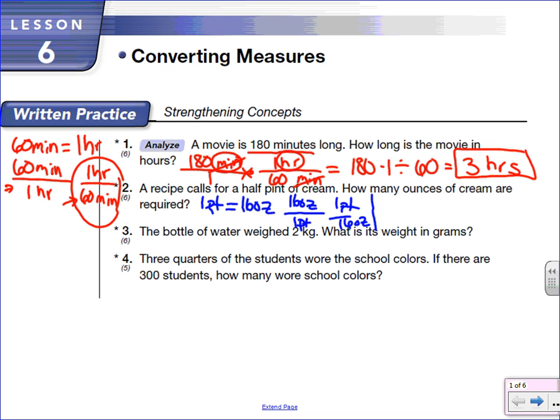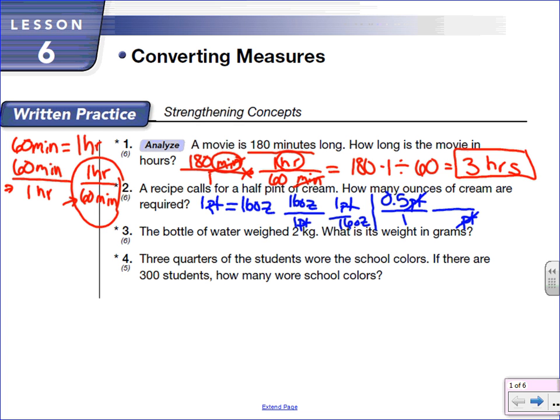So now we're going to start this specific problem. The recipe calls for a half pint of cream. So I know that a half is 0.5, so I'm going to use that so I don't have too many fractions going on. So I have 0.5 pints. Remember, keep the units so you can tell where to put the next units. This one has pints on the top. The next fraction will need to have pints on the bottom to cancel out.